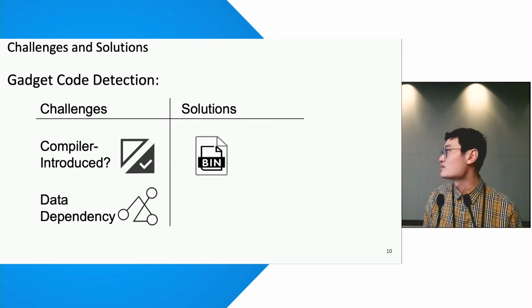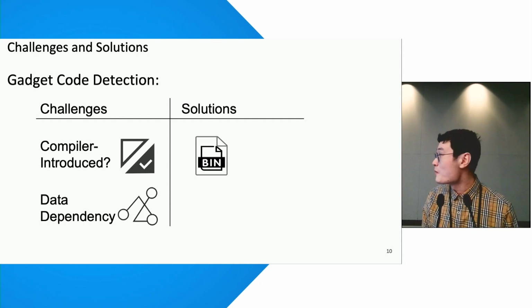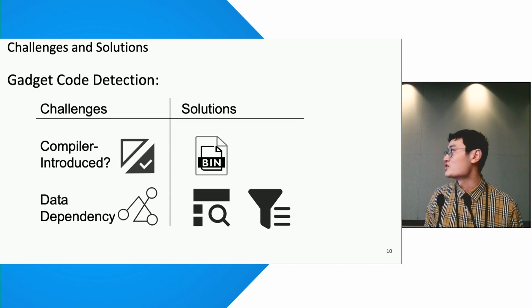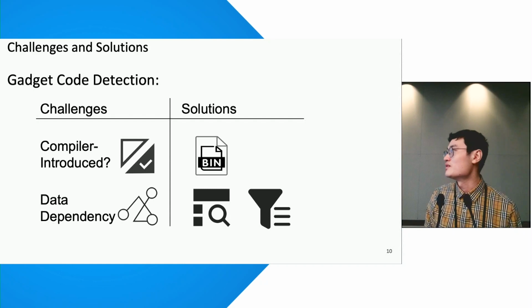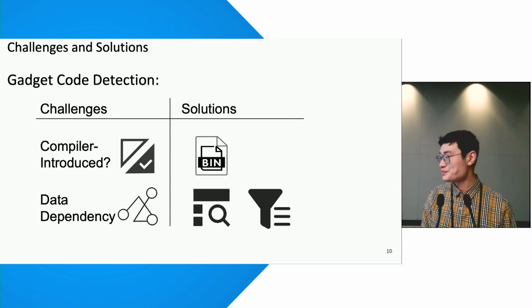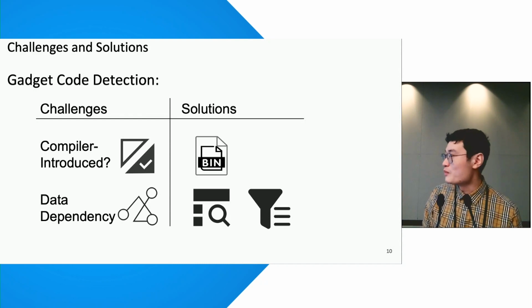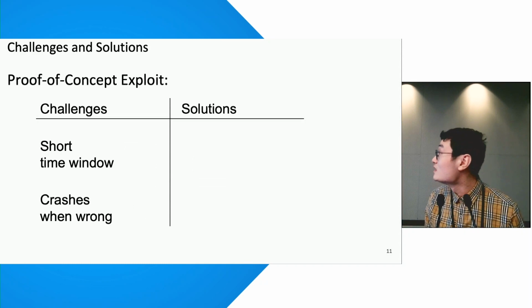Another challenge is the complex data dependency. We handle this by searching for double fetches in an instruction window of a fixed length, and we have many match constraints to filter out false positives progressively.